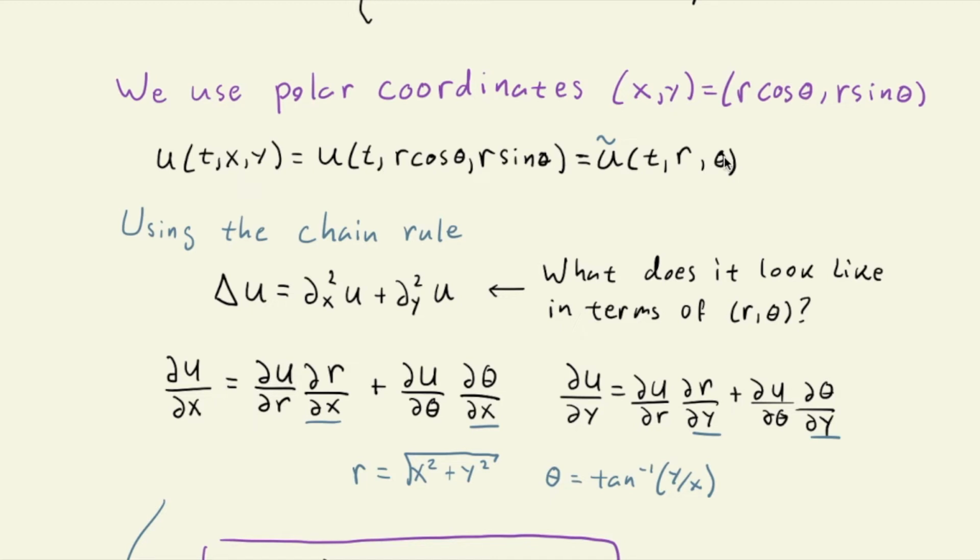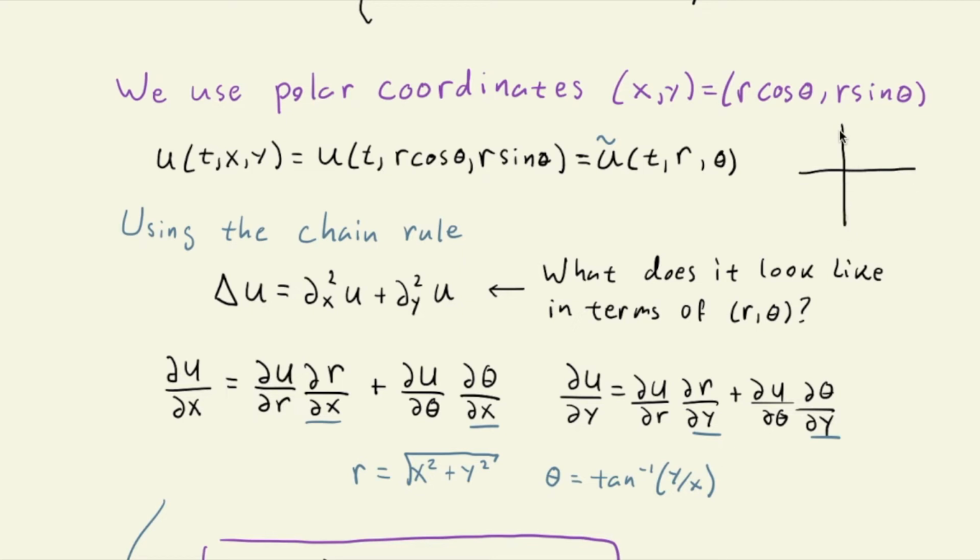So if you consider u(t, r, theta plus 2 pi), you add 2 pi to the cosine and the sine in here, and cosine and sine are periodic with period 2 pi, so that doesn't alter these coordinates x, y, right? Basically, a given point x, y, you can choose many different angles for it, right? The angle with the x-axis. I should have drawn a picture here.